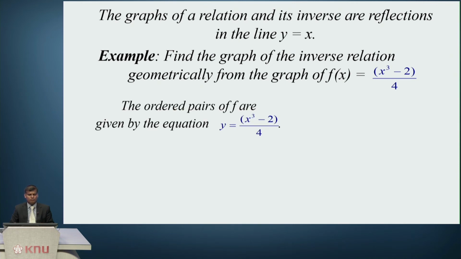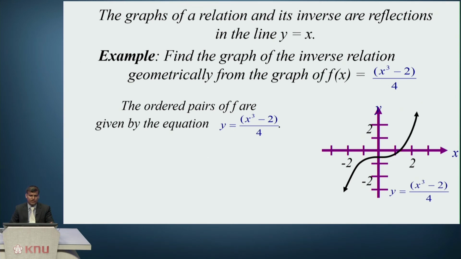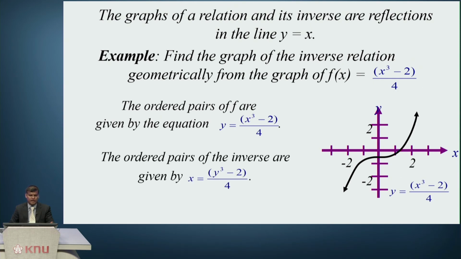So we have the ordered pairs of f given by this equation, x cube minus 2 by 4. So let's say you are trying to plot the graph for various values of x. So you are creating these ordered pairs and you are trying to find the inverse ordered pairs, in which you are taking the function x equals y cube minus 2 by 4.